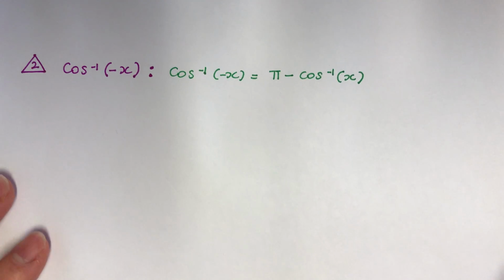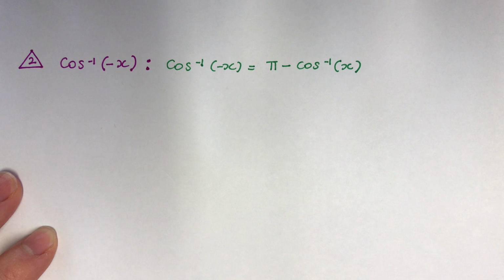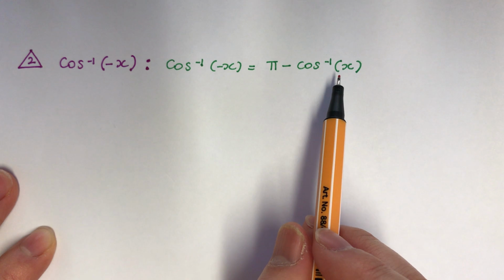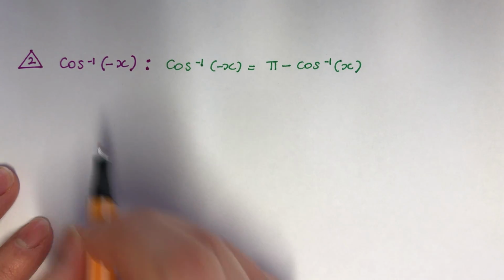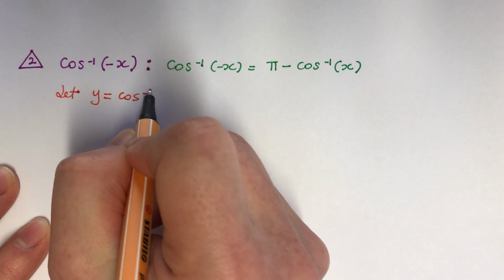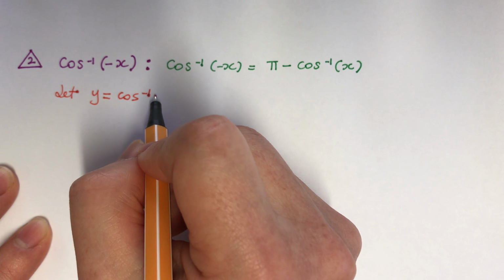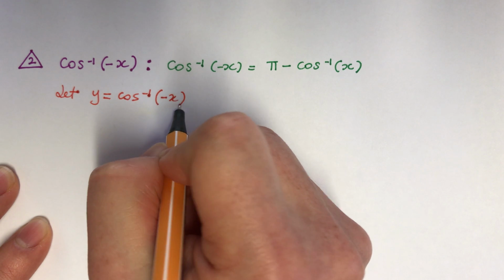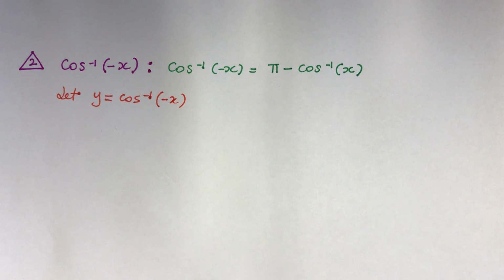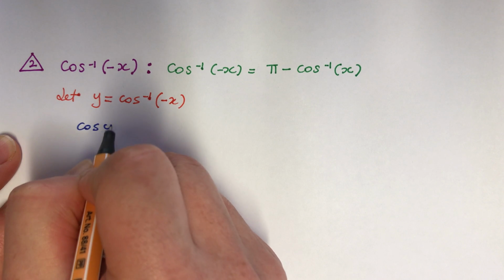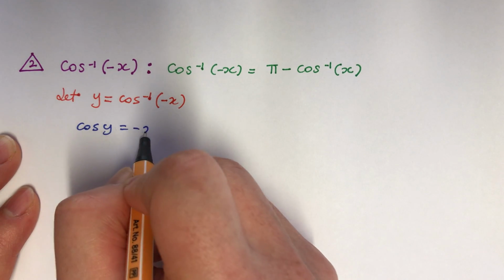Next one, I'm going to prove this. Inverse cos negative x equals pi minus inverse cos x. Okay, so same thing happens. Let y equal inverse cos negative x. I might just change the pen color so that we can see a little bit better. So I'm going to move this one to the other side, so it'll be cos y equals negative x.